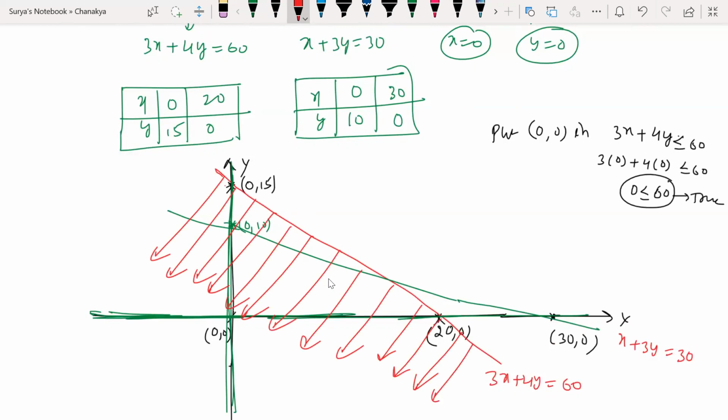Okay, people. Any doubts? Any doubt till this? Till this, any doubt, guys?